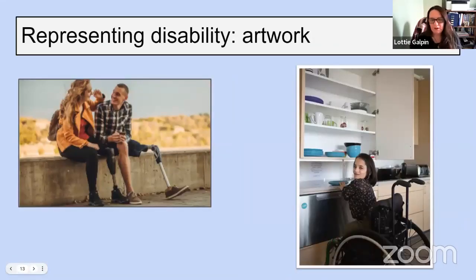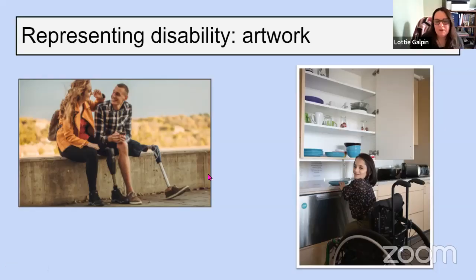So I thought we could have a quick look at artwork before we move on to looking at texts. So we've got two images here, and these images I think are something that teachers could use in their own materials, or that editors and writers, if you're briefing activities, you can use them in textbooks as well.